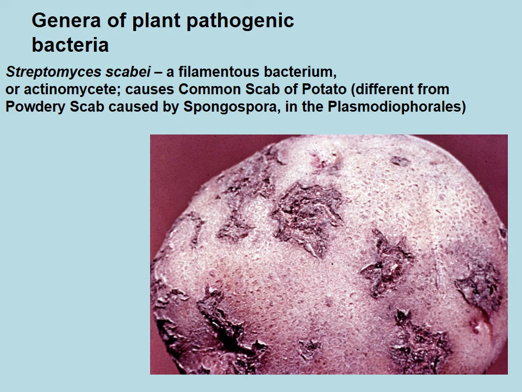And here we have Streptomyces scabies. This is a filamentous bacterium, meaning that it produces these hyphae-like filaments, just like fungi do. And Streptomyces scabies causes common scab of potato.